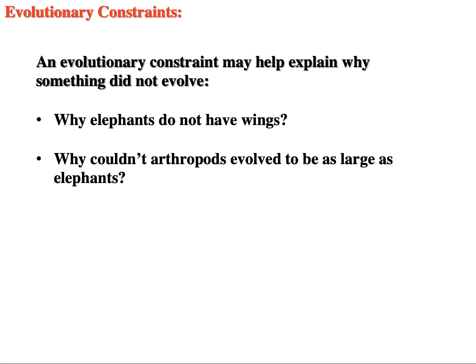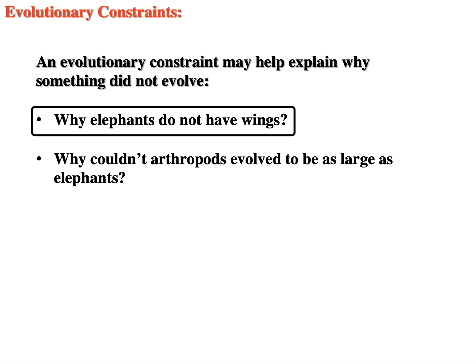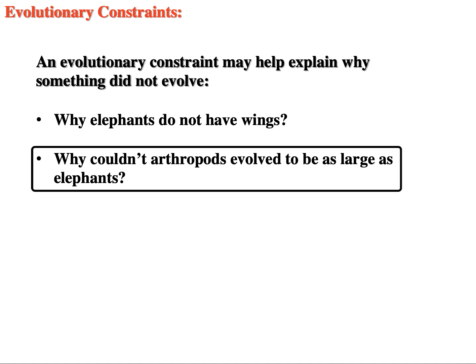And there also are evolutionary constraints. An evolutionary constraint may help to explain why something did not evolve. That is, why didn't elephants evolve to have wings, or humans for that matter? And why couldn't arthropods evolve to be as large as elephants?